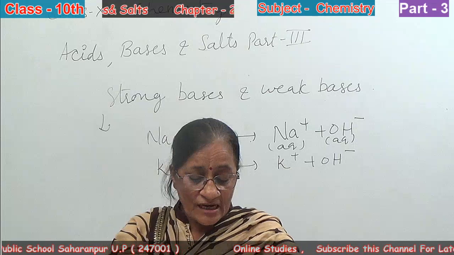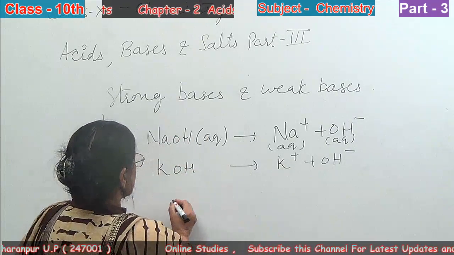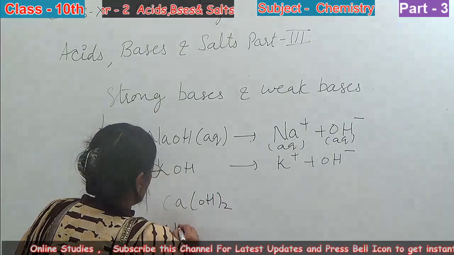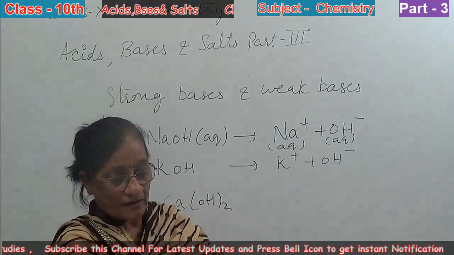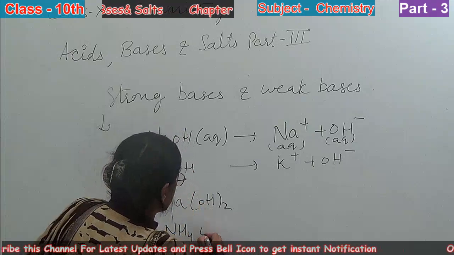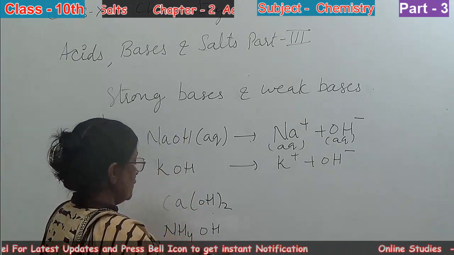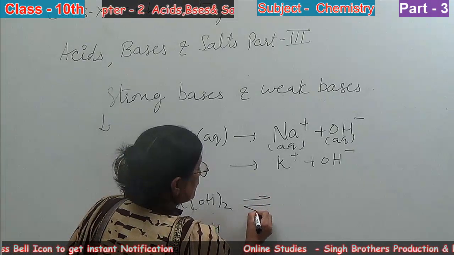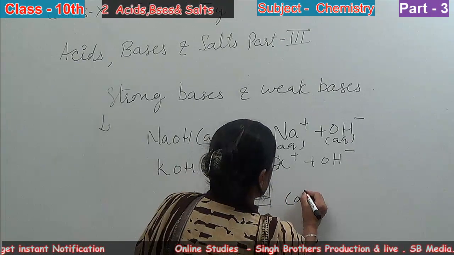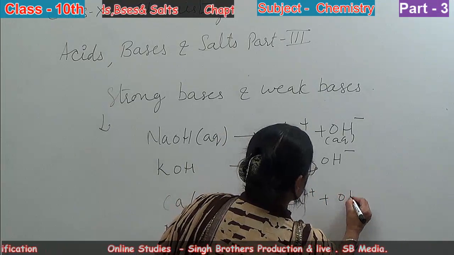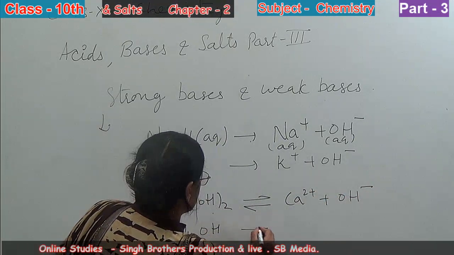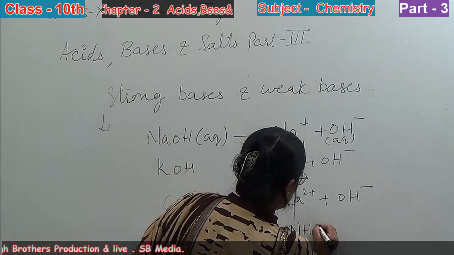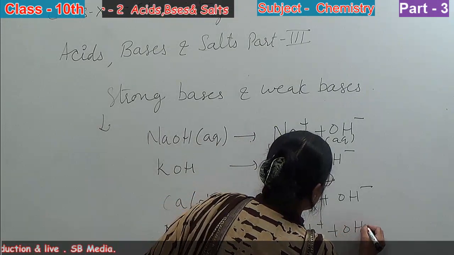Examples are calcium hydroxide, Ca(OH)2, and NH4OH. Calcium hydroxide and ammonium hydroxide dissociate in this form: Ca2 positive plus OH negative, and in case of NH4OH, NH4 positive plus OH negative.